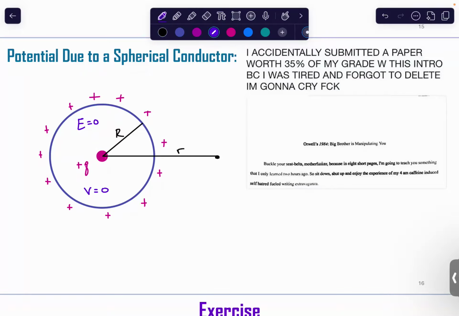That was the E equals 0. The electric field everywhere inside of a conducting material is 0. Because again, think of it like a metal. All of the electrons in the metal are going to rearrange themselves to be positive on one side, negative on the other, and then transfer the electric field to the outer surface.